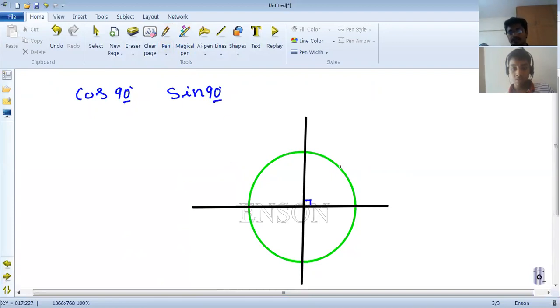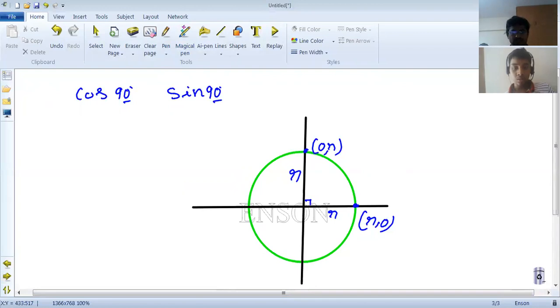They gave the angle directly. This will be r, and this is also r only. Here, this will be r comma 0 and 0 comma r. I have written it like this from the data in the question only.